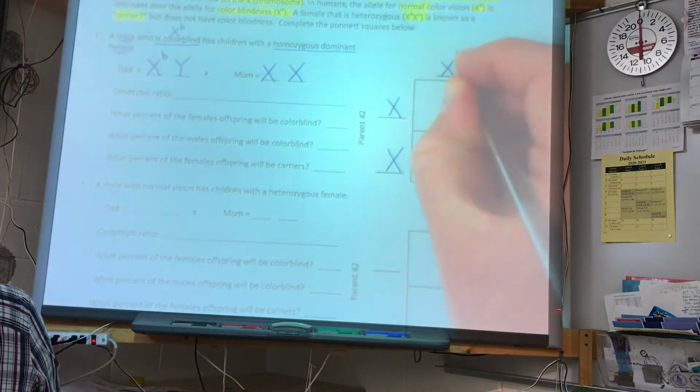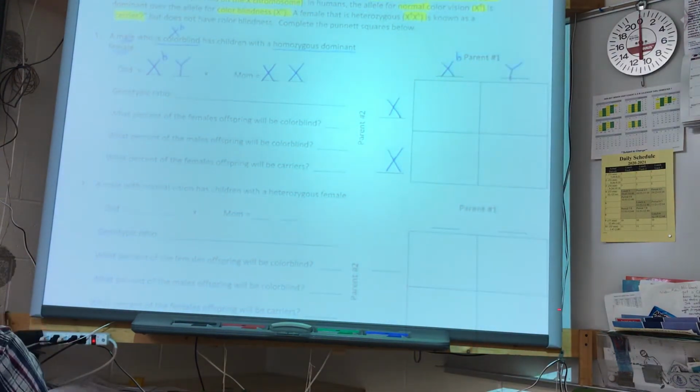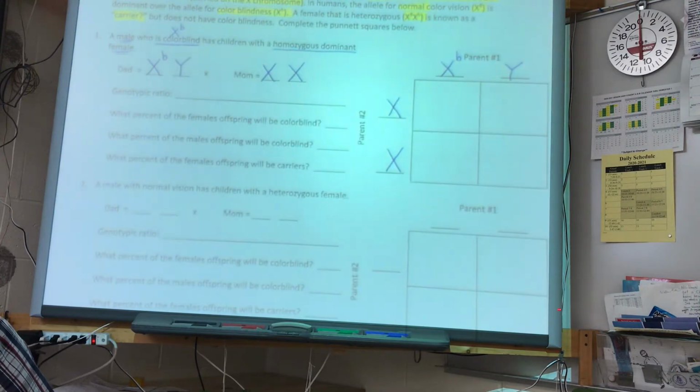Now, what if mom was colorblind? Does she have any X big B's? No, she has no X big B's. And how many X chromosomes does she have? Two, so both of those would have to be X little b, just so we're clear. It's the absence of a dominant trait.